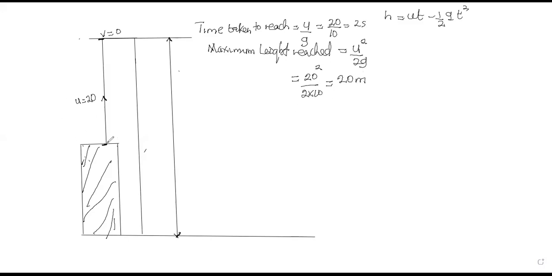Please, what this means is that this distance from the top of the tower to where it's reached, I think sometimes we must use a correct sketch to actually explain this.